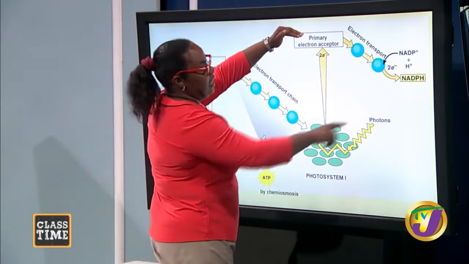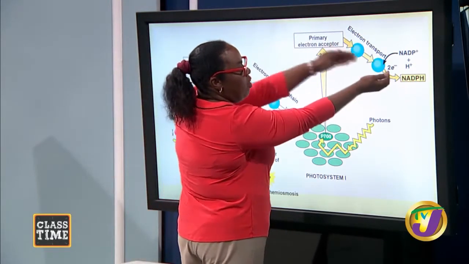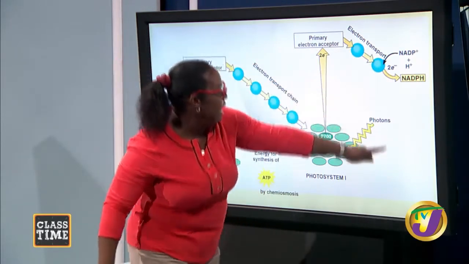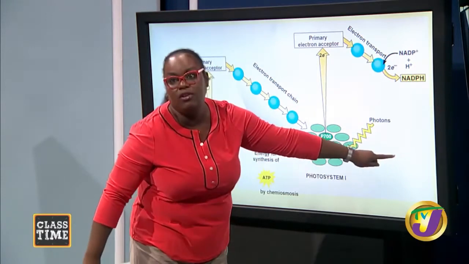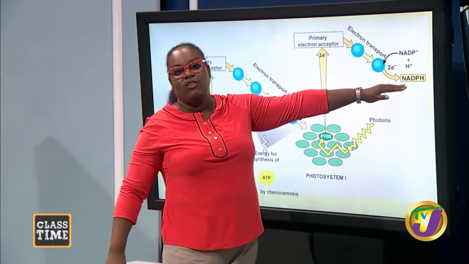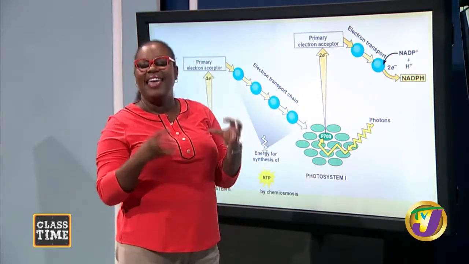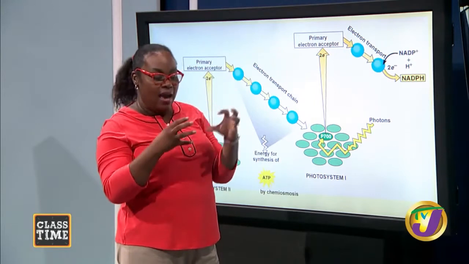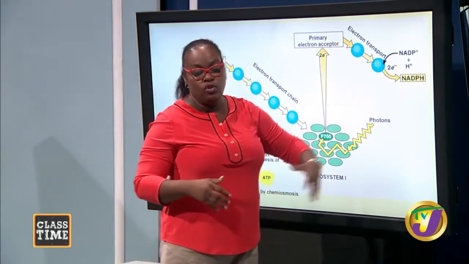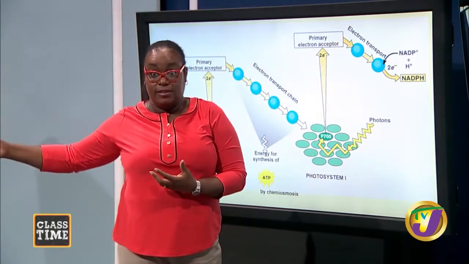But notice that the NADPH that is formed from collecting those two electrons is still not at the same level as where P700 is. It means here that NADPH right now is of high energy, and therefore has the ability to be an energy source in the next stage of photosynthesis.